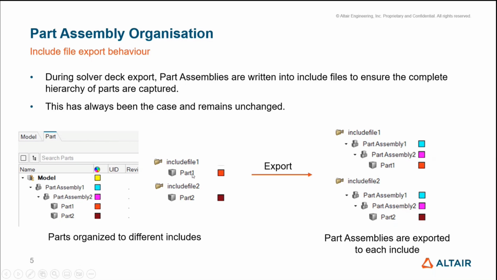So if you have a model that just has one part in include file 1 and another part in include file 2, and this is your simple hierarchy, and obviously it can get a lot more complicated than this, when I export this model, the part assemblies for each part are written to each of these include files in this XML comment block. So technically, from a solver deck point of view, we're actually writing assemblies into two different include files.